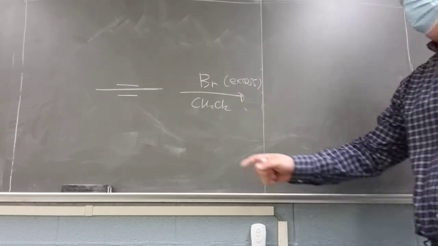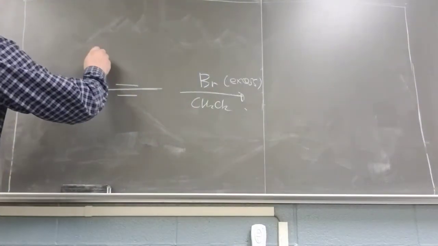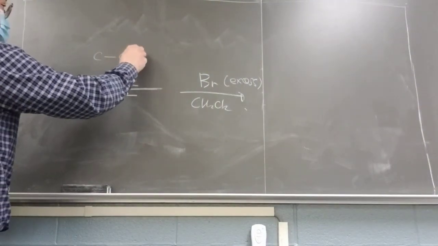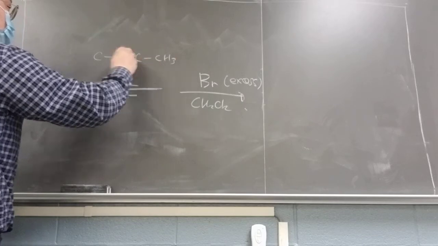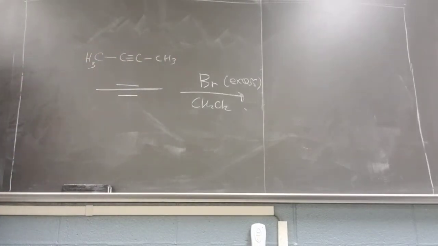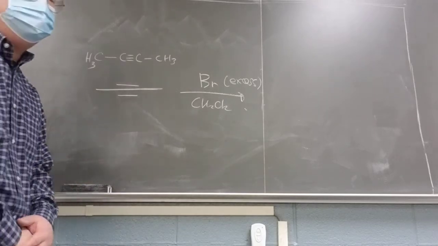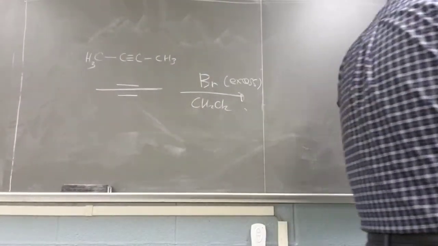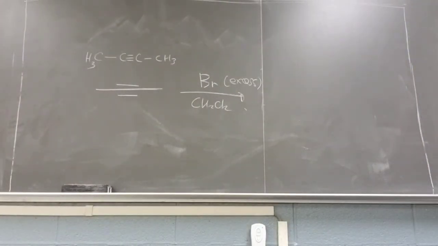Okay, so if you look at this one, you should be able to figure it out, because you know how many bonds can be made on carbons, right? About 1 minute.